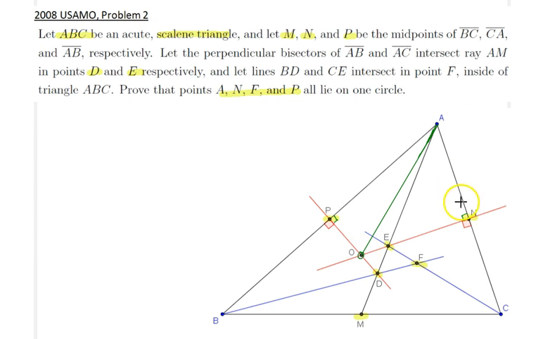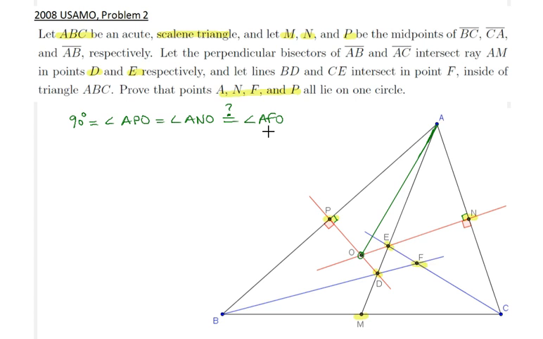So all we need to show is that now that we know there exists a circle which goes through A, P, O, and N, point F lies on that circle. We already know that 90 degrees is equal to angle APO, which is equal to angle ANO. And we would like to show that angle AFO is also 90 degrees.